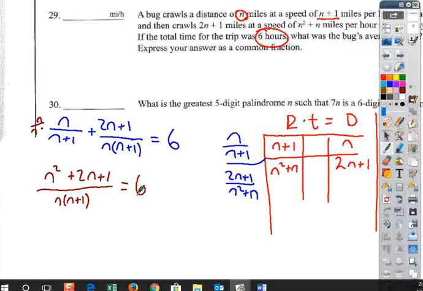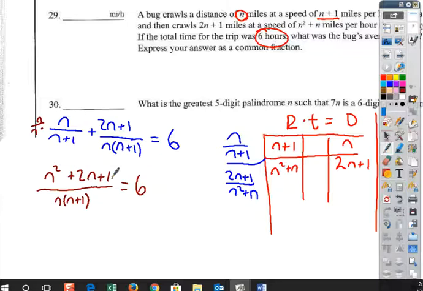So I am at this point, and I'm thinking to myself, great. Let's solve this. Now, it is a quadratic. I know I can solve quadratics. So the next thing I'm going to do is take a look at this top term, n squared plus 2n plus 1, and you know what? Between you and me, I think we can factor that.